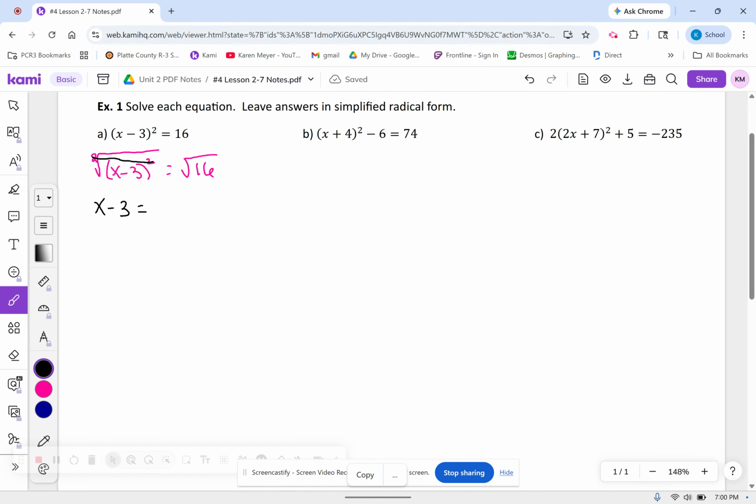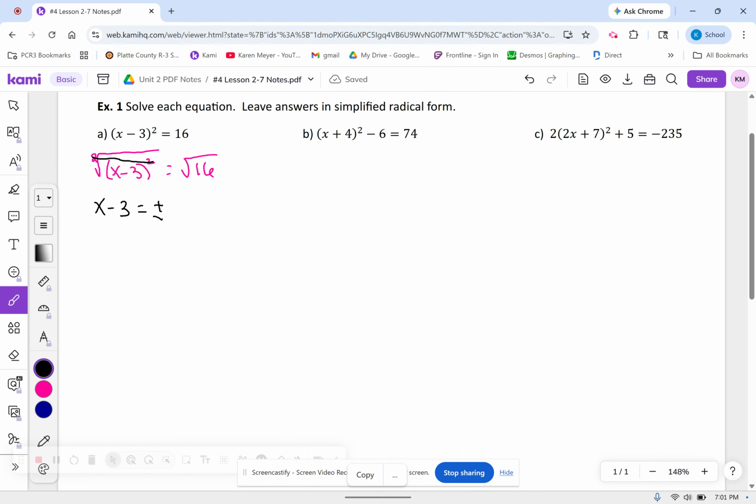So remember, if the exponent is 2, you must have 2 answers. So that will help you remember over here on this side, there's something special you have to write. Whenever I put a square root, I have to remember to have the symbols plus or minus.